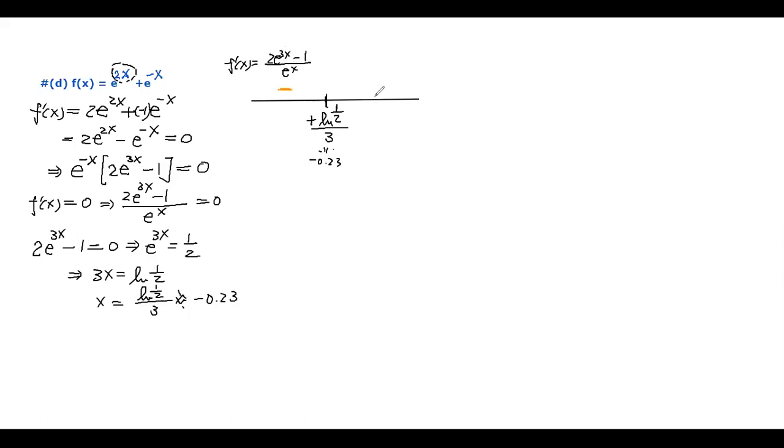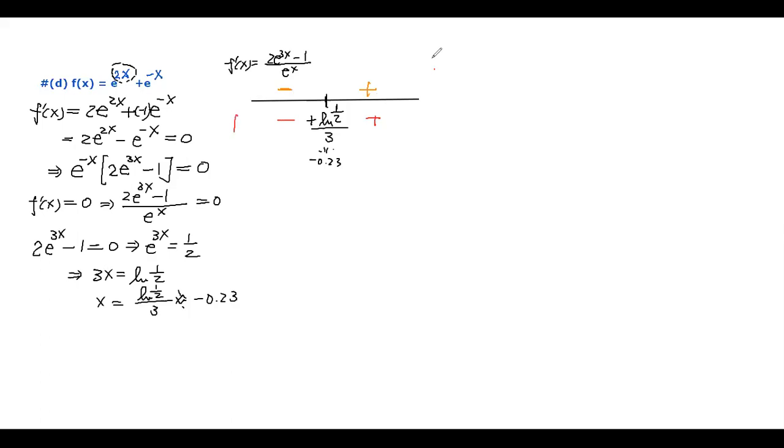Then if I choose anything greater, say 0, I will have a positive. If you choose 0, it's greater than negative 0.23, so it will be 2 minus 1, so it's positive. So the whole derivative is negative, then positive.